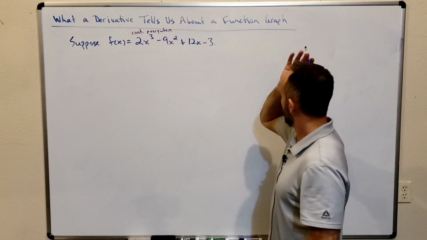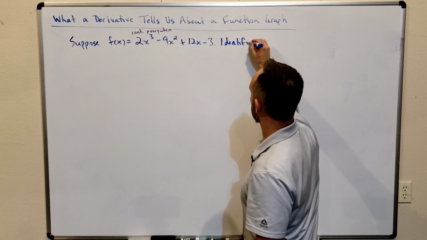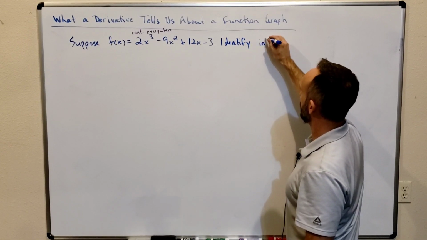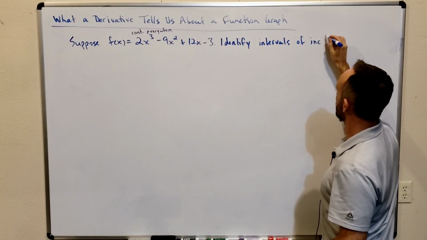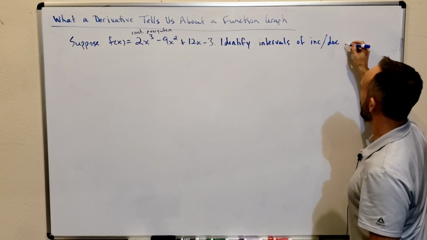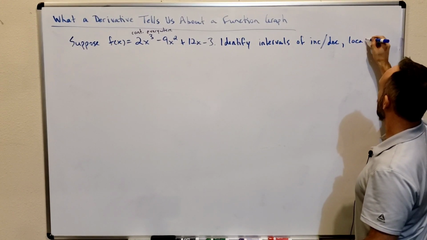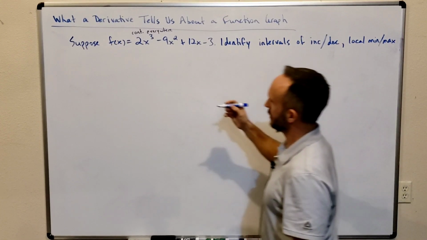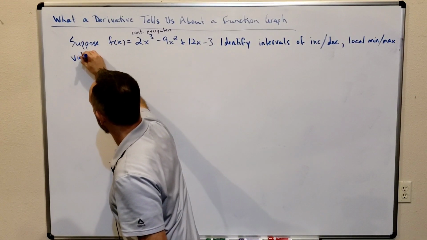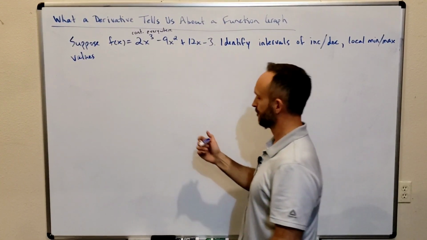So suppose we have this function. We're going to identify multiple things here. Identify intervals of increase and decrease. Identify local min and max values. Right, those go together. Use the first derivative to find both of those.